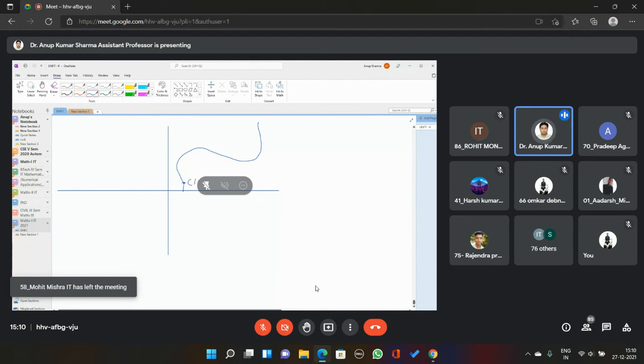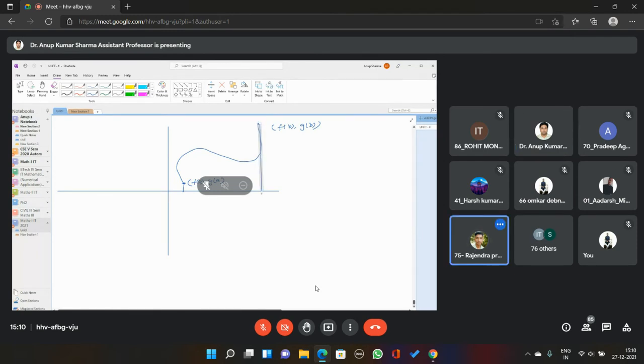Here we have the point (f(a), g(a)), and here the point (f(b), g(b)). Okay, so we draw the straight line here. One more thing, we can draw the line.